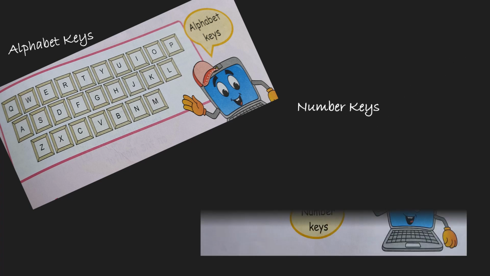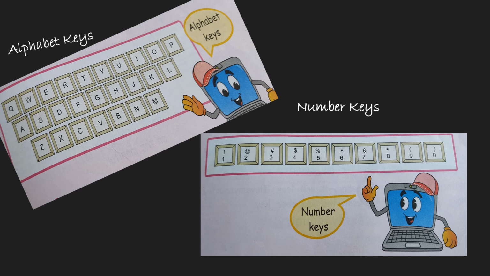Now number keys. There are 10 number keys on the keyboard marked with the numbers 1, 2, 3, 4, 5, 6, 7, 8, 9 and 0. These keys are used to type numbers, tables, solve sums and so on. Now come the special keys.